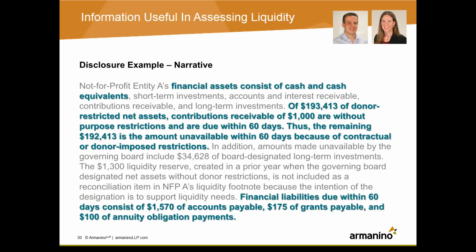Is there anything that you think about, Matt, for a private school in particular? Yeah, I think time horizon for not-for-profits is going to be different from one organization to another. Some it may only be 30 days, some it may be 90 days or even longer. Like you mentioned, sometimes schools receive a large influx of cash at or near year end.